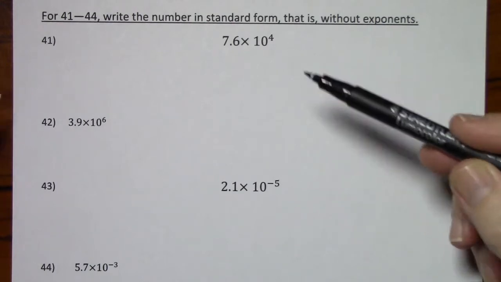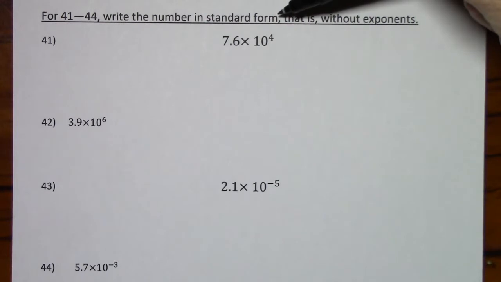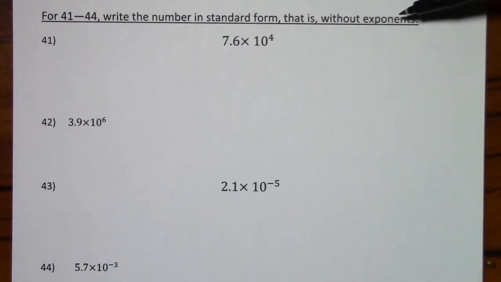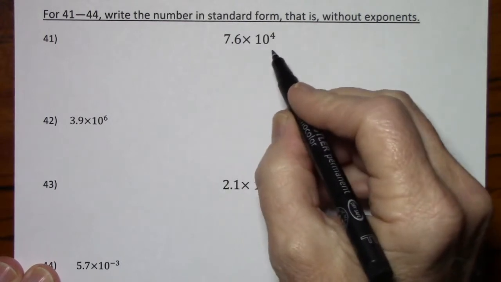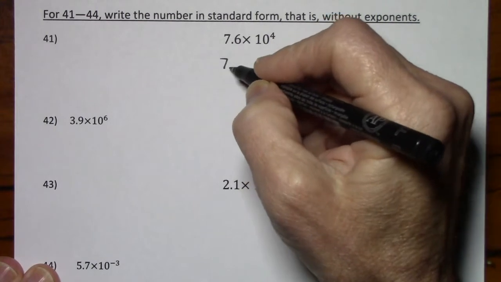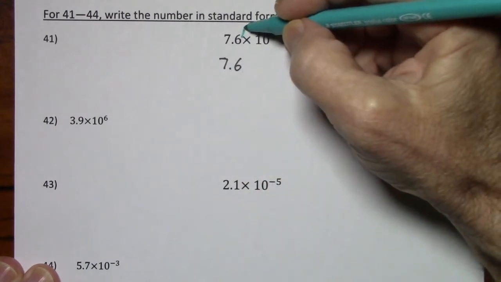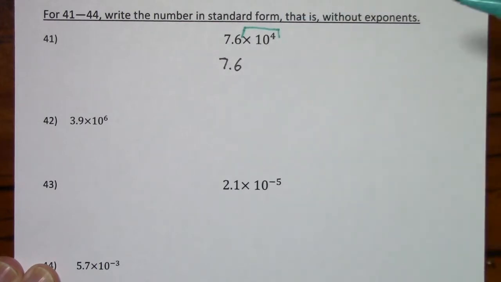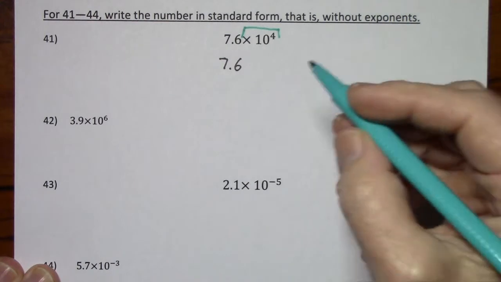For 41 and 43, we're to write the number in standard form, that is, without exponents. So 7.6 times 10 to the 4th is really a number that's 4 decimal places bigger than 7.6.